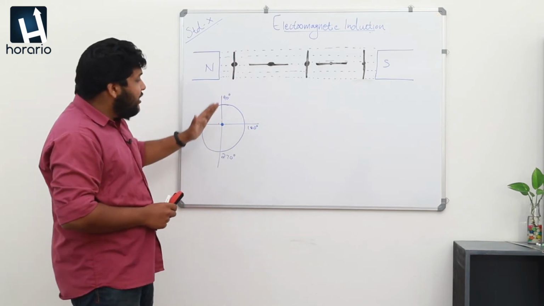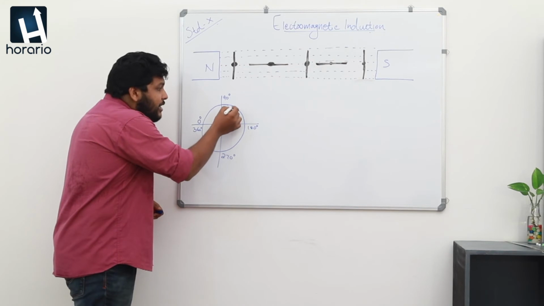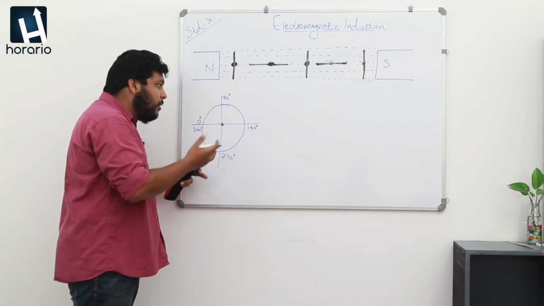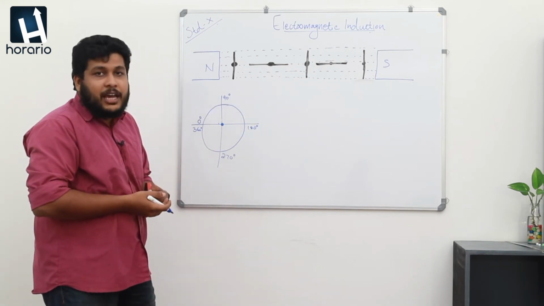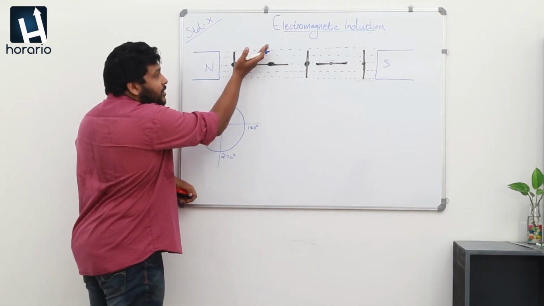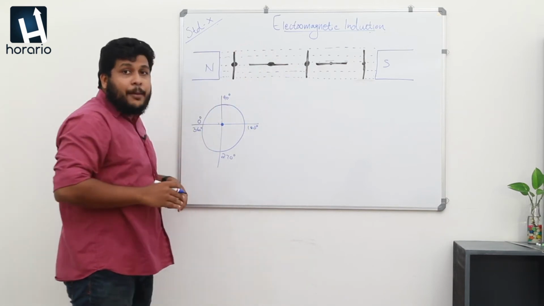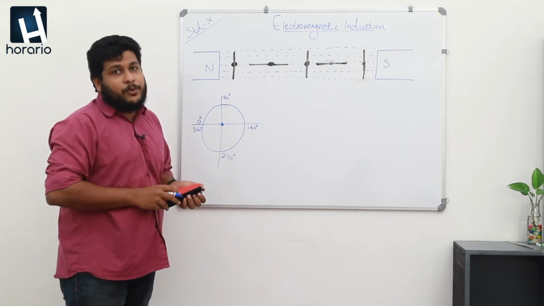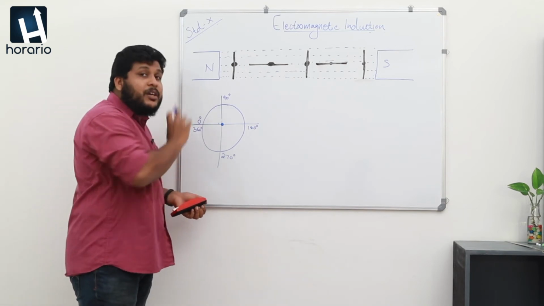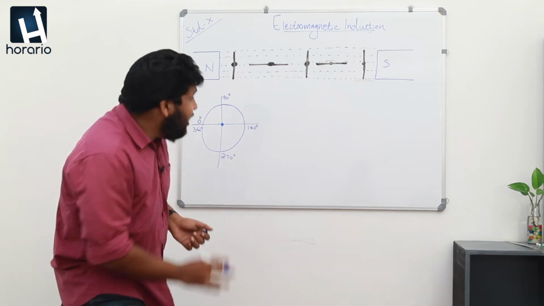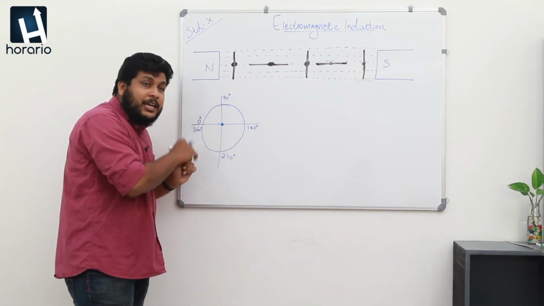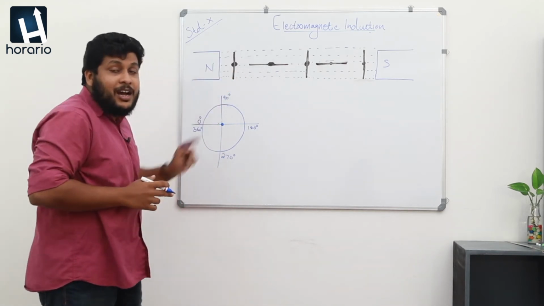Then what happens at an intermediate angle? There will be a difference, because if the armature is in a slanted position, the amount of current produced also changes. So the rotation is very important. Now we are clear how the armature is rotating and how the flux linkage varies.